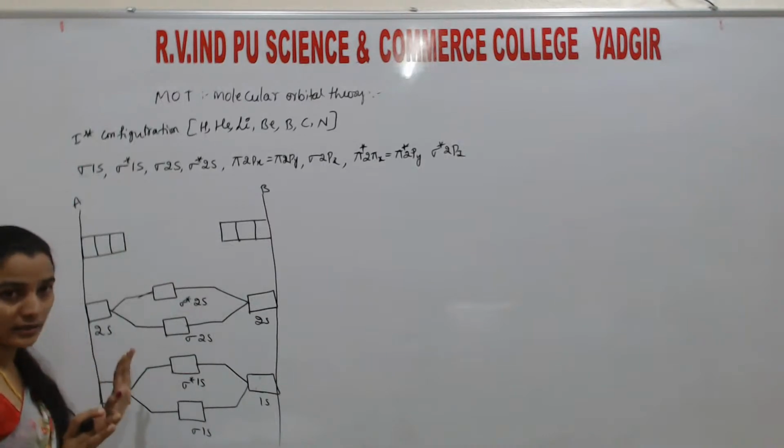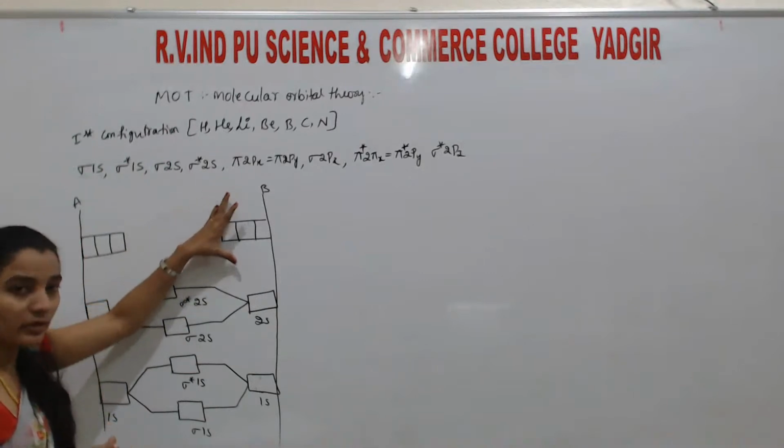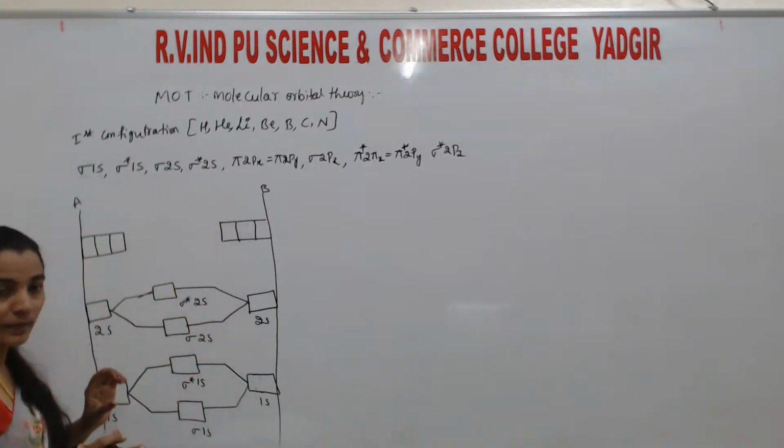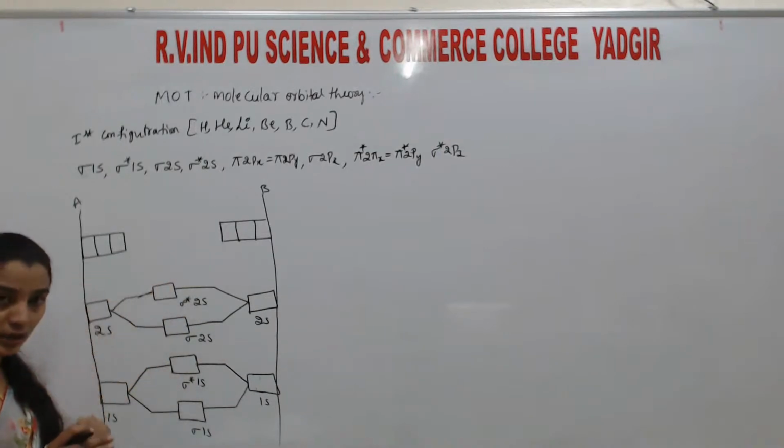Six, because 3 atomic orbitals of A combine with 3 atomic orbitals of B. The number of atomic orbitals combined is equal to the number of molecular orbitals produced. So that is 3 plus 3, 6 molecular orbitals. Among those, 3 are antibonding, 3 are bonding.